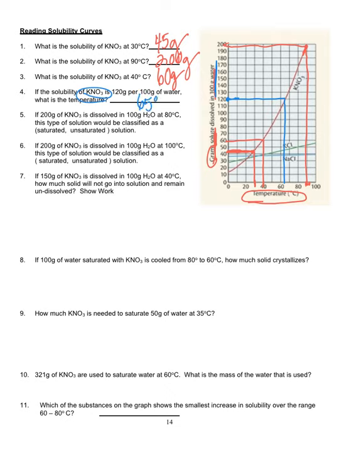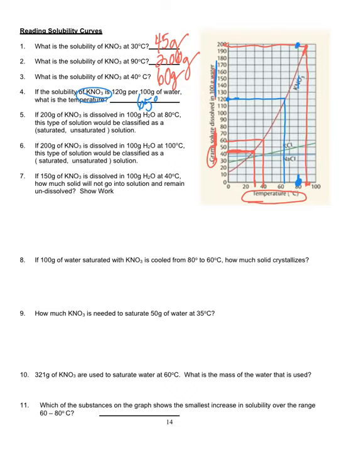Next one, number 5, if 200 grams of KNO3 is dissolved in the 100 grams of water at 80 degrees Celsius. So 80 degrees is right over here. And they're saying that they have 200 grams of KNO3. So we go at 80 degrees and we go all the way up. 200 grams would be up here.